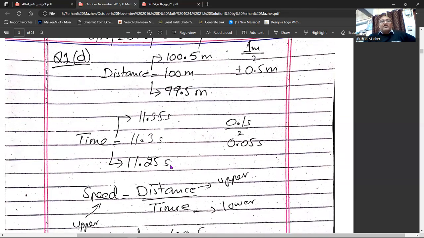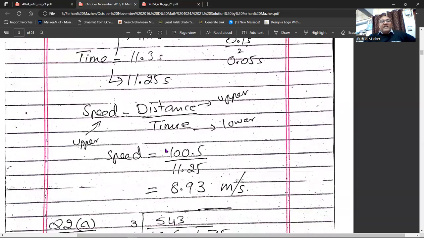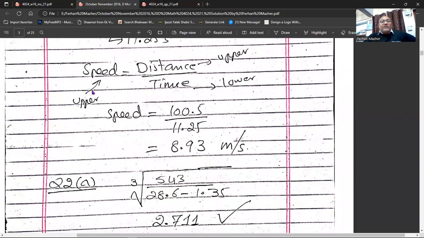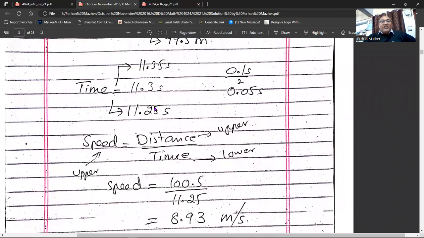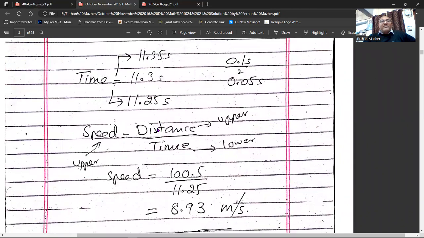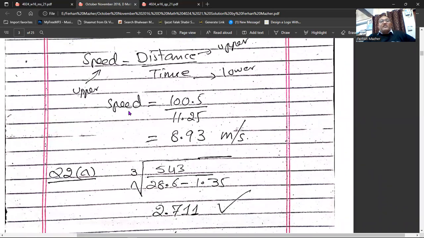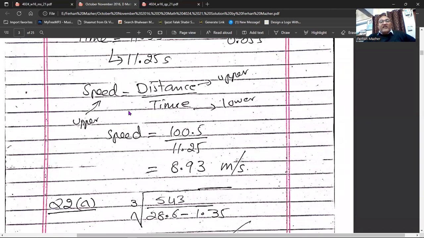Now, because the speed is distance divided by time, we want the upper bound of the speed. So the distance upper bound will be taken and the time's lower bound will be taken. Then you will get from this division the largest answer. So the speed will be equal to, we will take the upper bound, that is 100.5 meter, and the lower bound of the time is 11.25 seconds.